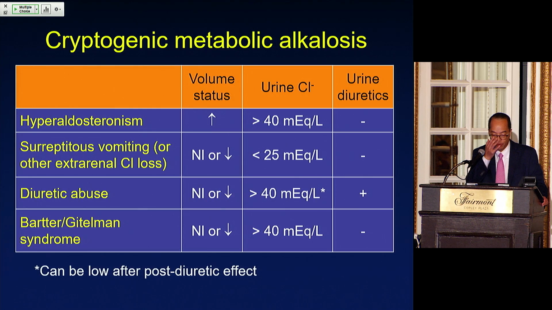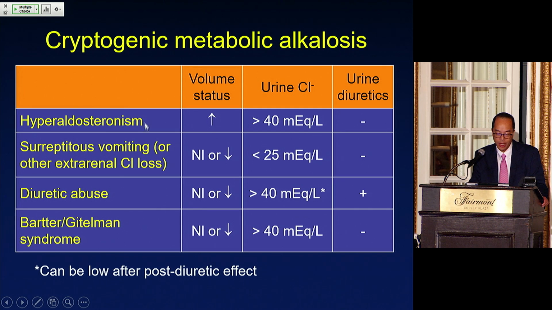And so this gives rise to this quite useful algorithm for diagnosing a patient with what I've called a cryptogenic hypokalemic metabolic alkalosis. So 90% of the time when you have a patient with this, you know the diagnosis. They're vomiting. It's really not a mystery. But if you can't figure out what they have, then these are the 4 possible causes.